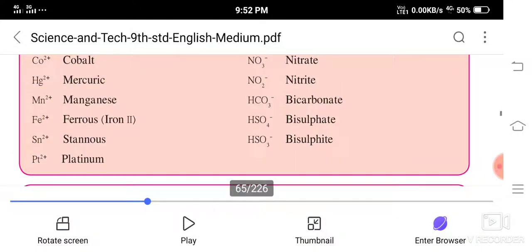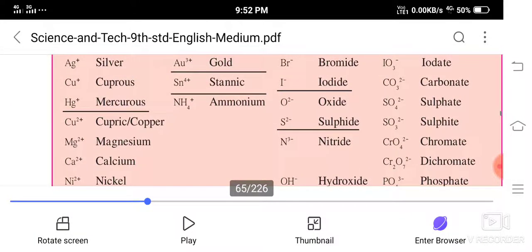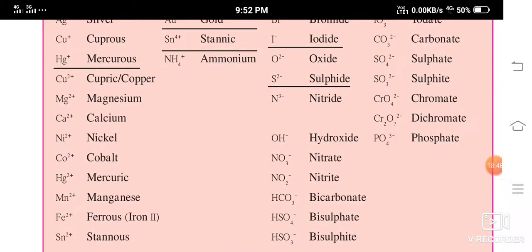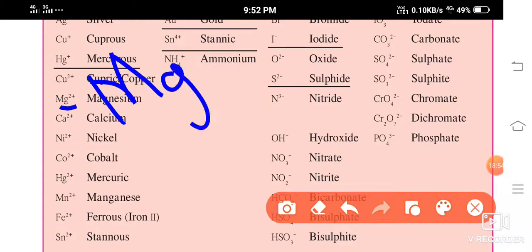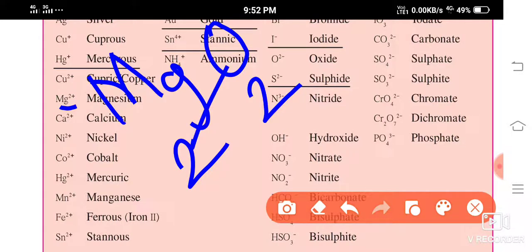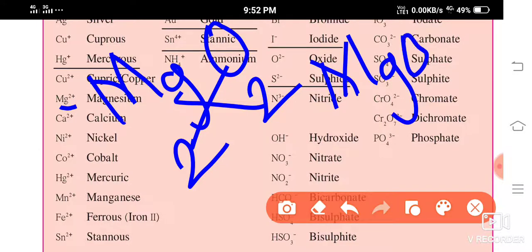Then magnesium oxide, magnesium is 2 and oxide is also 2. So here also it's going to get cancelled. So it will be MgO.